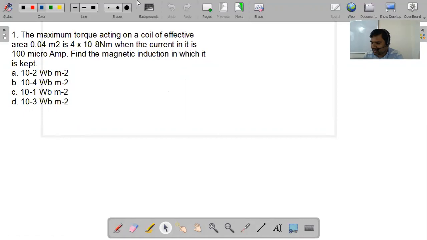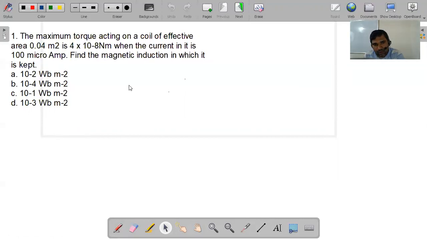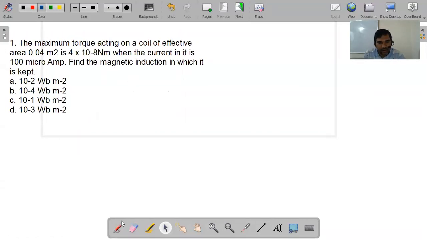Okay, now what is the given data for us? We have to note it down first. The maximum torque acting on a coil of effective area. So in this problem, we know the area of the coil. Let us write: area of the coil is 0.04 meter square.